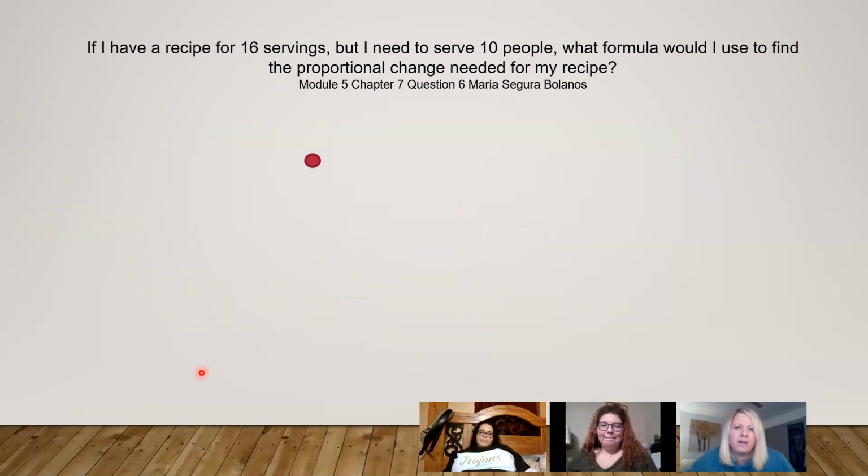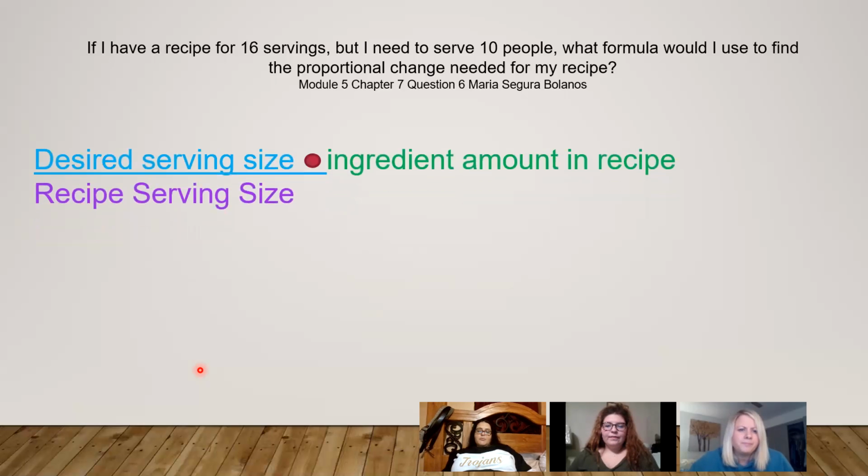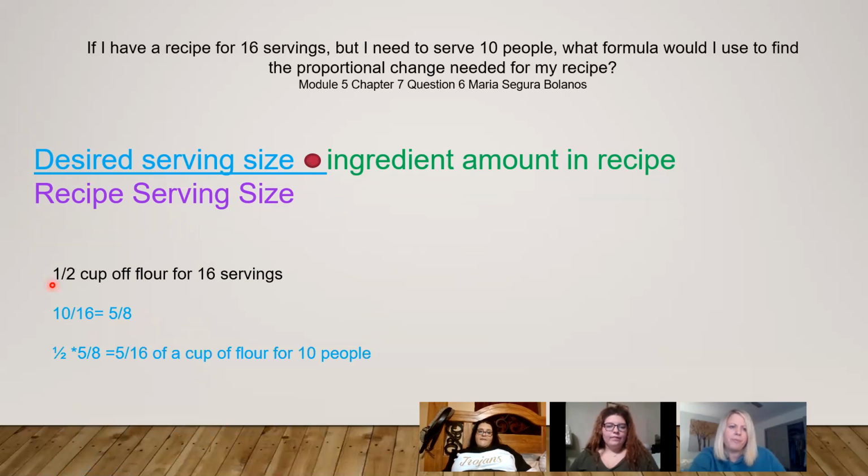And Maria, if I have a recipe for 16 servings, but I need to serve 10 people, what formula would I use to find the proportional change needed for my recipe? Well, you're basically going to use the simple formula of using the desired serving size that you need divided by the recipe serving size, so whatever your recipe calls for. Then you're going to multiply that by the ingredient amount in the recipe. So for example, I've got half a cup of flour for 16 servings.